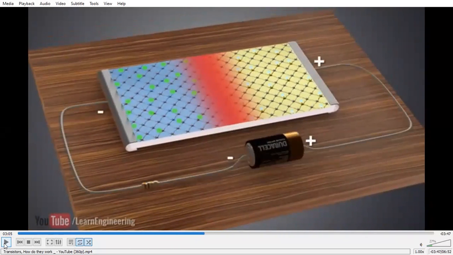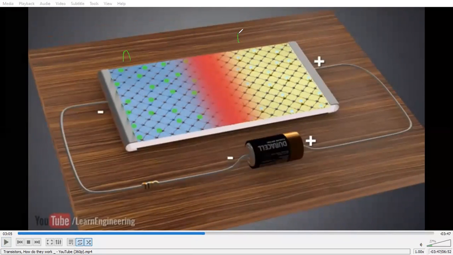Now, for reverse bias, this is your N type, this is your P type. What happens for reverse bias? Let's say the negative terminal of the battery is connected to the N type, the positive terminal connected to the P type.